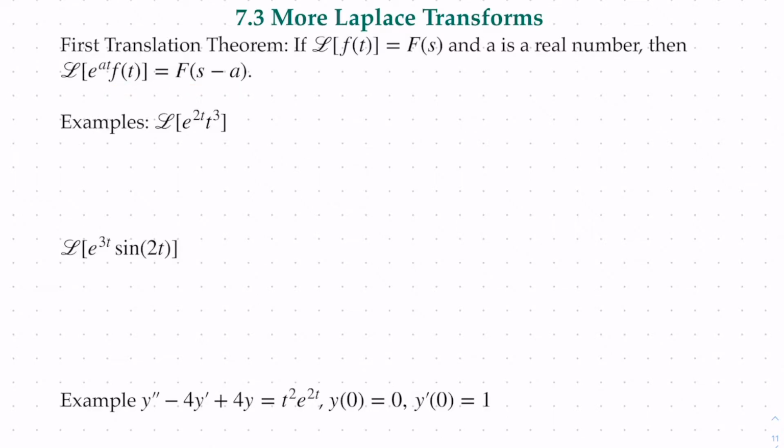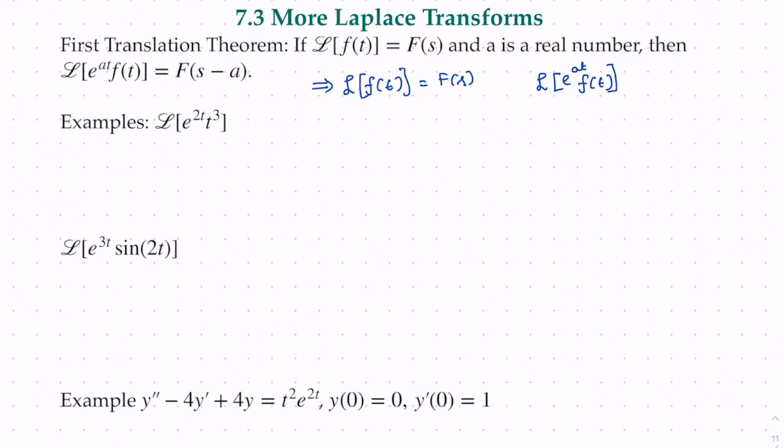What do I mean by that? If you want to understand this better, suppose you have a function f of t and you're finding the Laplace of that, and that gives you F of s, and now you want to find the Laplace of the function f of t multiplied by e to the at.